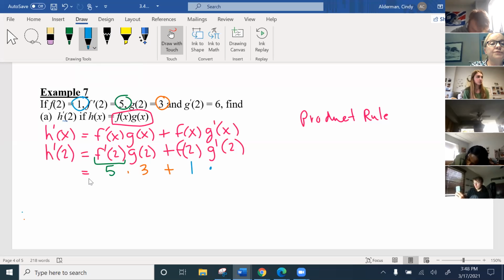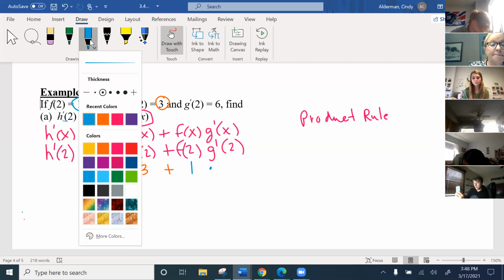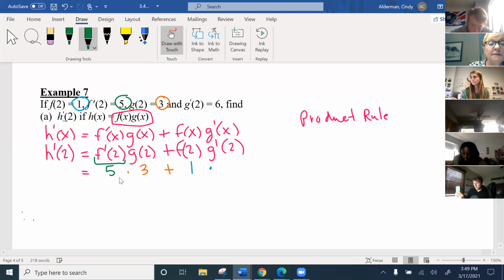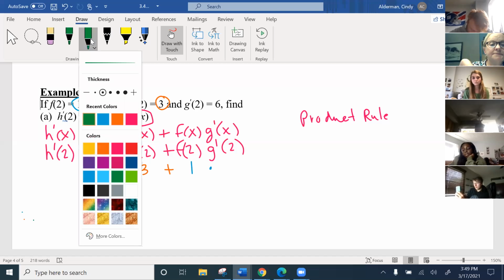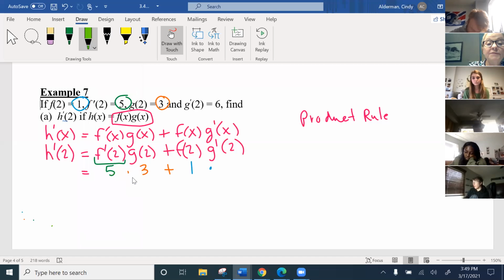And g prime of 2 is equal to 6. So all you have to do is multiply 5 and 3 and 1 and 6 to get your answer of 21.